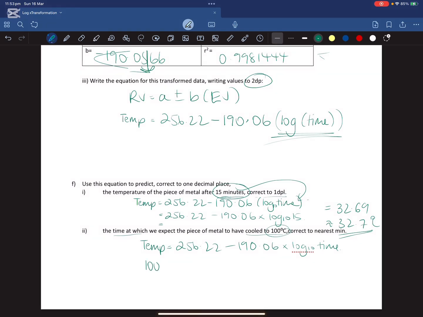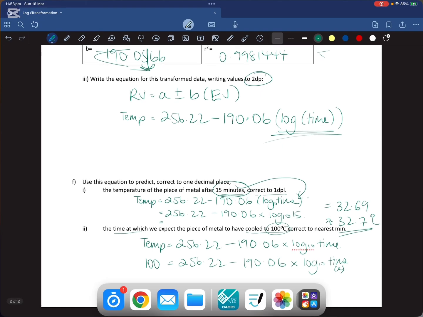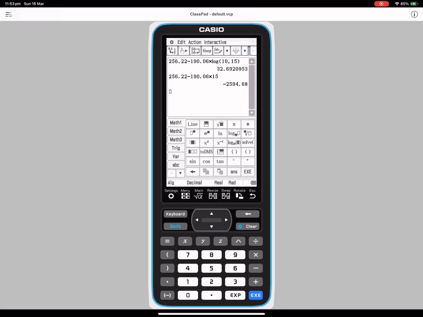So I've got 100 equals 256.22 minus 190.06 times log 10 of an unknown time, or x. So whenever you're finding something within the equation, you're going to use old mate solve.